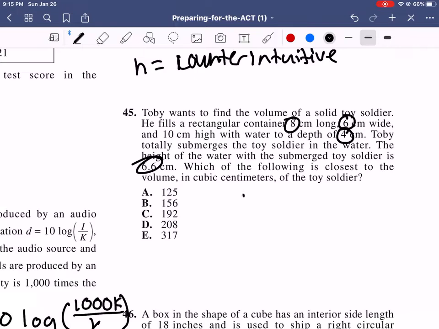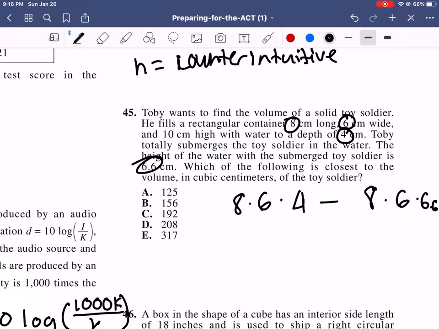So you do 8 times 6 times 6.6 minus 8 times 6 times 4, because putting the toy soldier into the water makes it increase. The change in the water volume is the volume of the toy soldier.